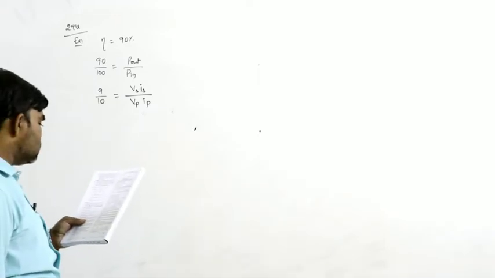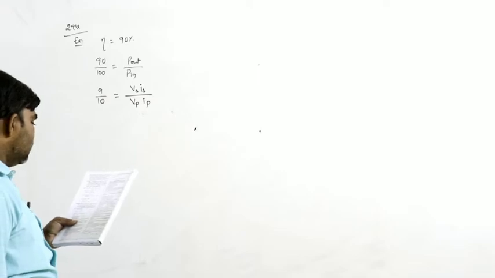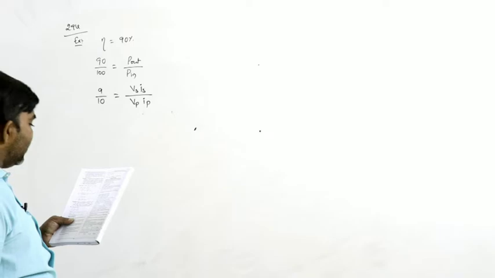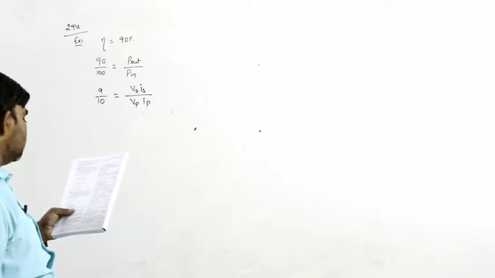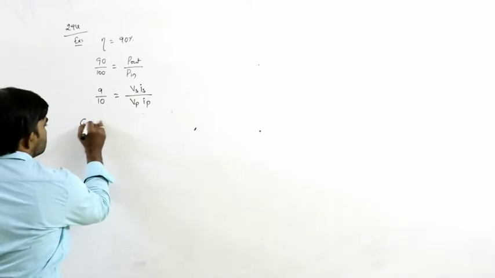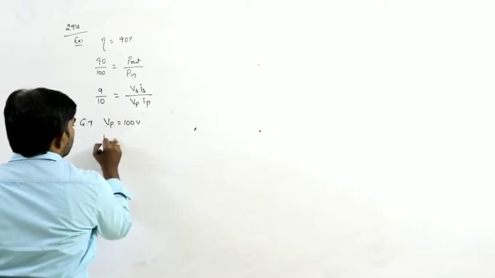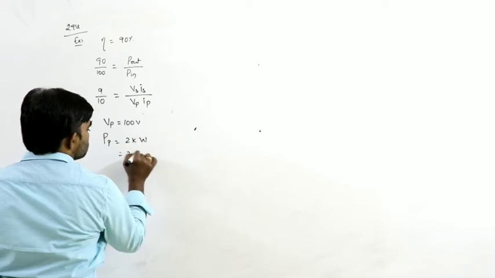What is the given condition? The current in the secondary coil is 5 amperes, and it is working on 100 volts at 2 kilowatts power. So the primary potential is 100 volts and the primary power is 2 kilowatt, so 2000 watt.